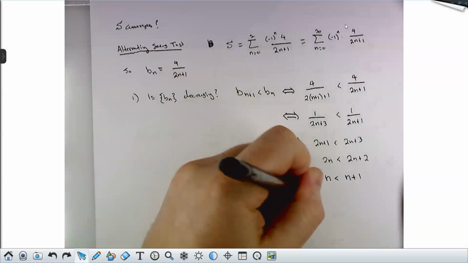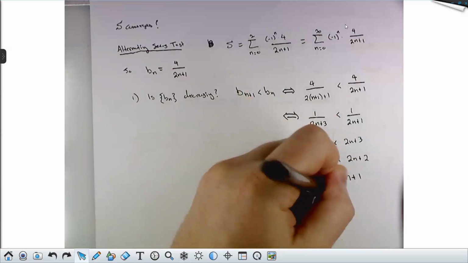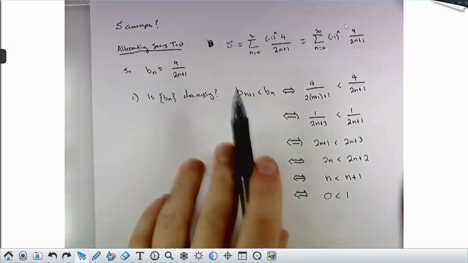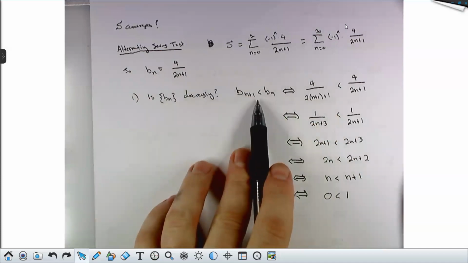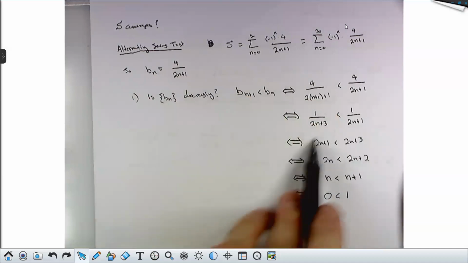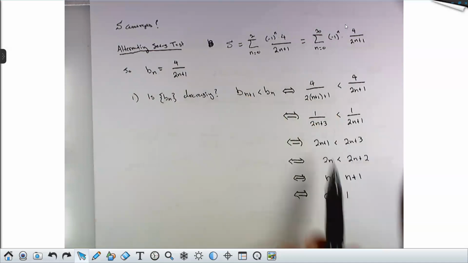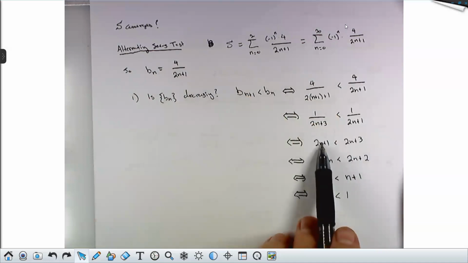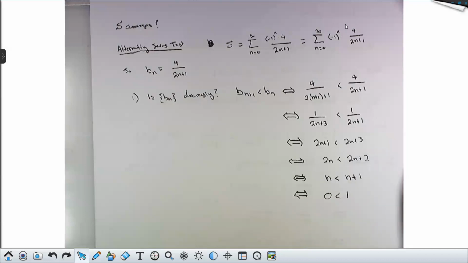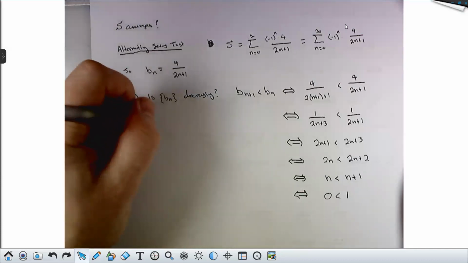And then you can subtract n from both sides, and you get 0 is less than 1. So yes, the Bn's are decreasing. This inequality is true because it reduces to 0 is less than 1, which is an evidently true statement. Some would argue that you could stop here. I guess if you're smart, at this stage, you would just subtract 2n. I don't know why I didn't see that. Yeah, subtract 2n from both sides, or just 2n plus 1 from both sides, and you immediately get to here.